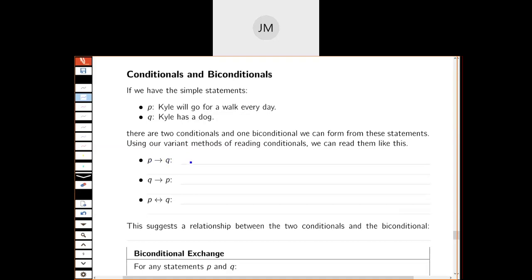Or another way to phrase that would be Kyle will go for a walk every day only if, because that's like the then, right? He has a dog.